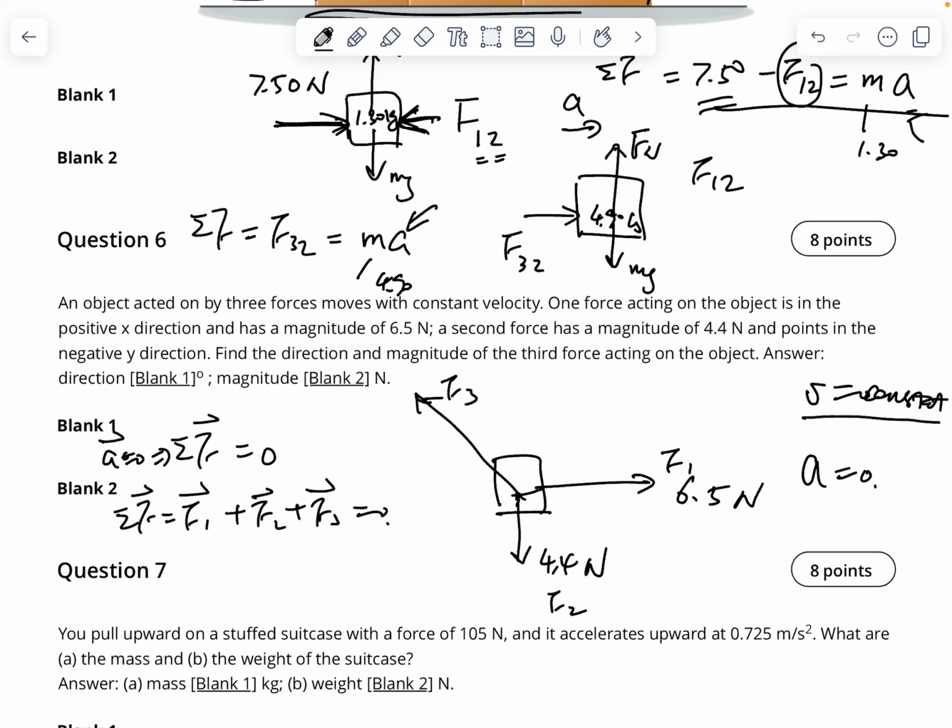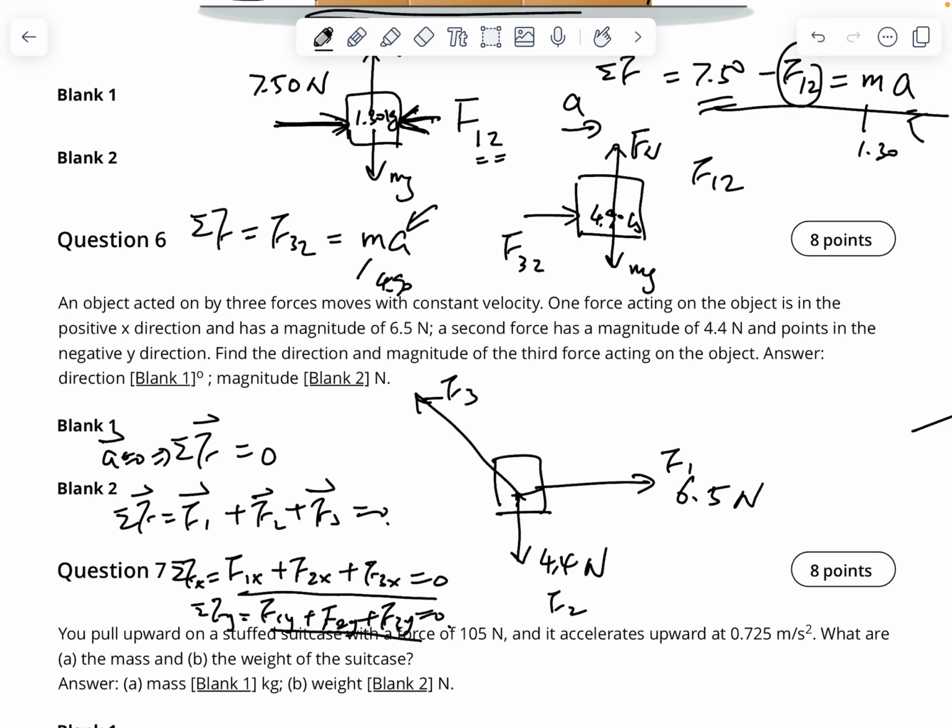Well, we use the components method. Which means F1x plus F2x plus F3x is 0. This is the net force x component. Then the net force y component is F1y plus F2y plus F3y is 0. Because we know F1 and F2, from those two equations we can figure it out. Let me write here.